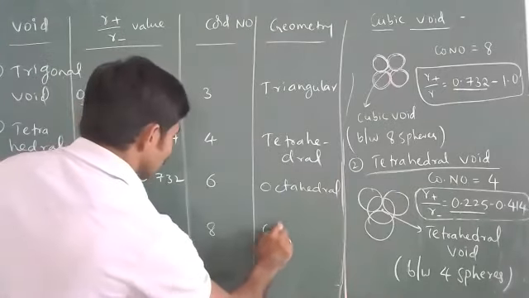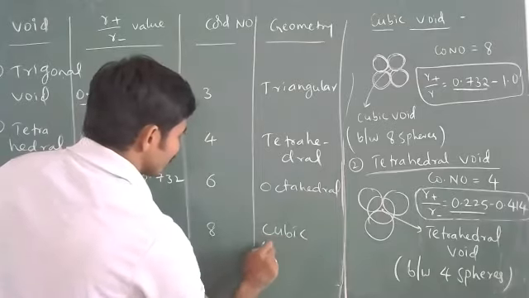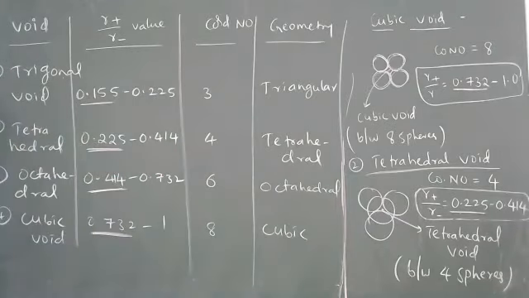This is cubic structure. And last one is close packed structures. Close packed voids, closed sphere packing, like this. Up to this is enough.